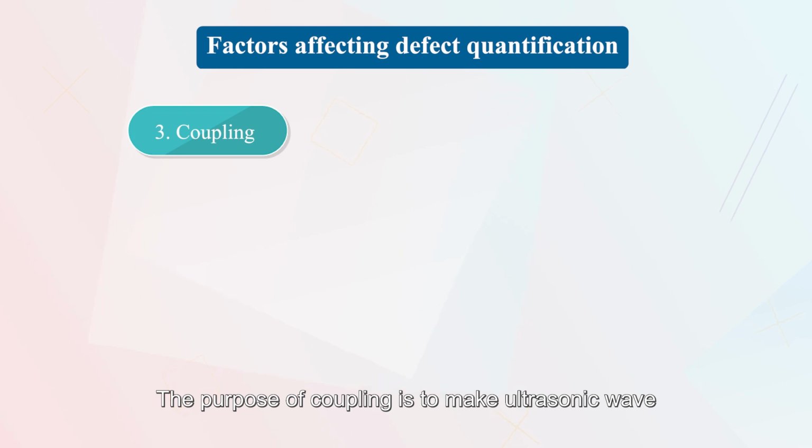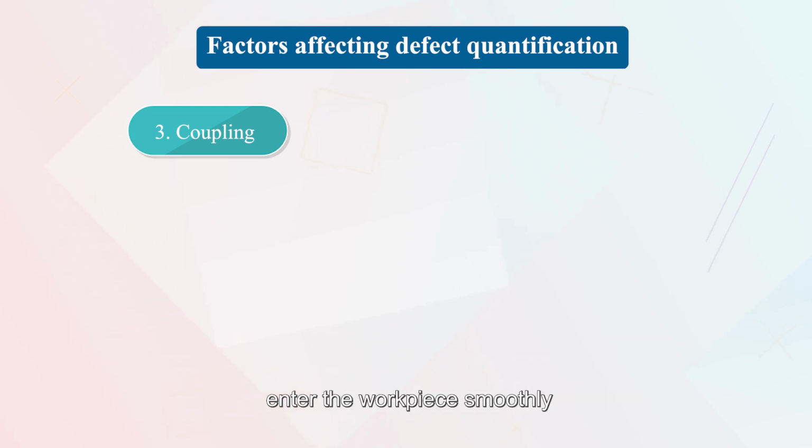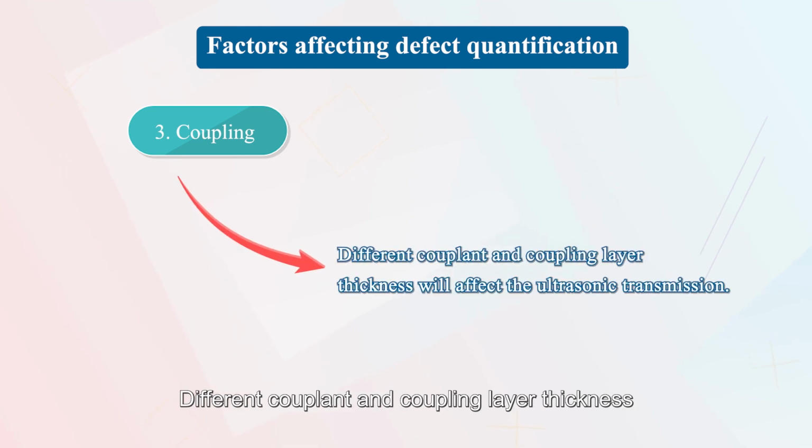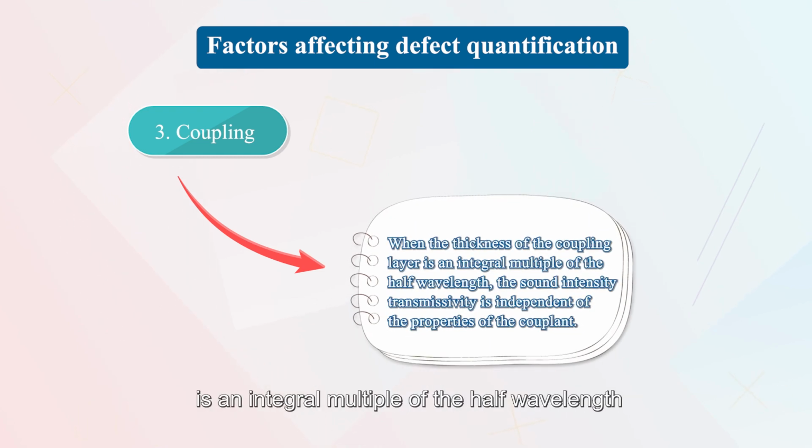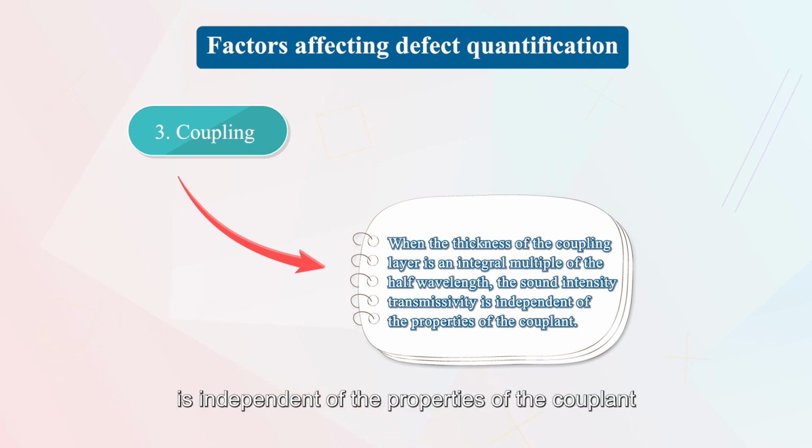The purpose of coupling is to make ultrasonic wave enter the workpiece smoothly. Different couplant and coupling layer thickness will affect the ultrasonic transmission. When the thickness of the coupling layer is an integral multiple of the half-wavelength, the sound intensity transmissivity is independent of the properties of the couplant.